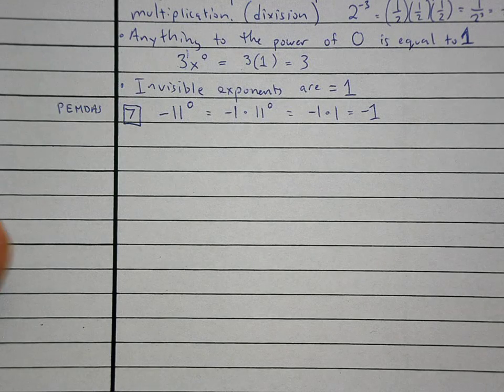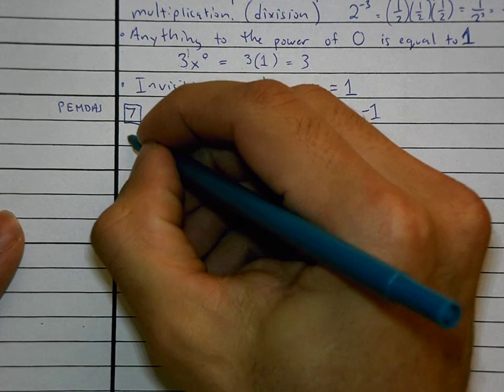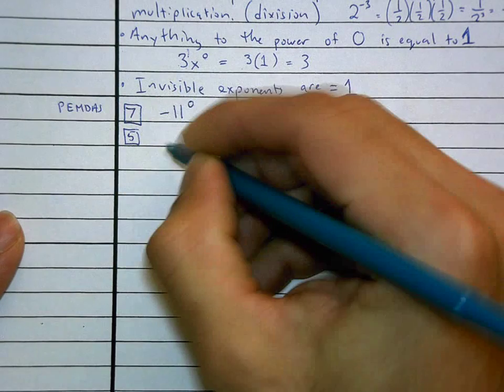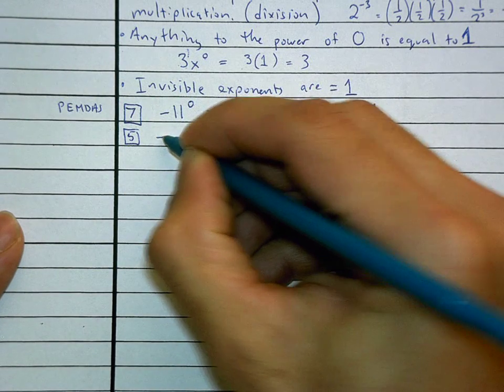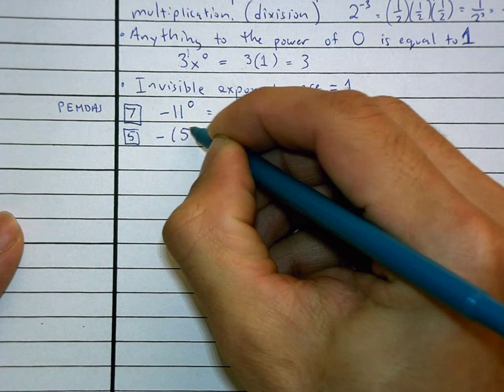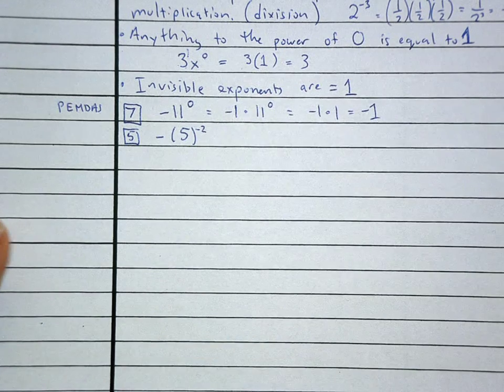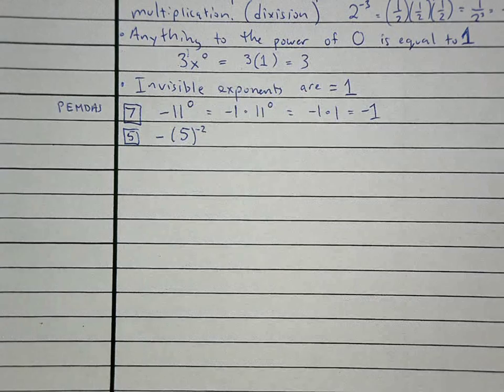Let's do number 5. Number 5, negative 5 to the negative 2 power. Negative, parenthesis, 5, parenthesis to the negative 2 power.